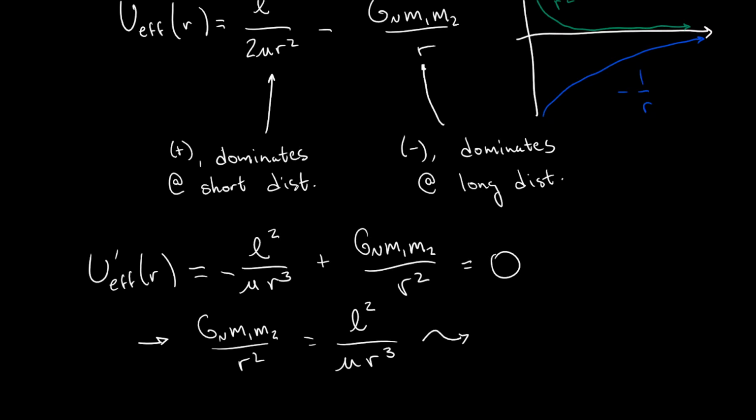This is exactly, if I plug in L and all this stuff, I find that this is mu v squared over r. So this requirement becomes the same as the requirement for circular orbits.